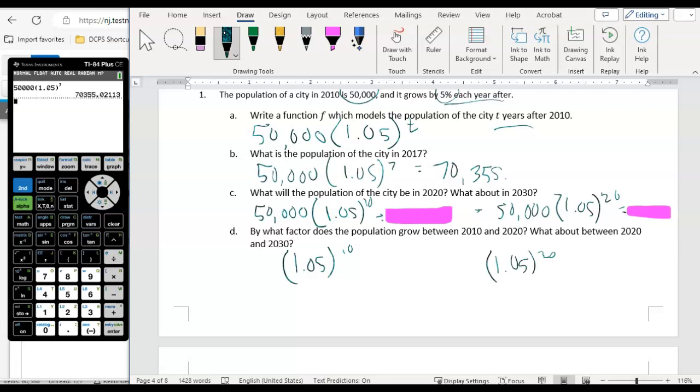So we want to think about how much it is growing by during those periods of time. But to do that, we need to consider the change that has happened since the beginning. So we would think about this whole amount in 2020 divided by the amount we have in 2010, which was just 50,000.